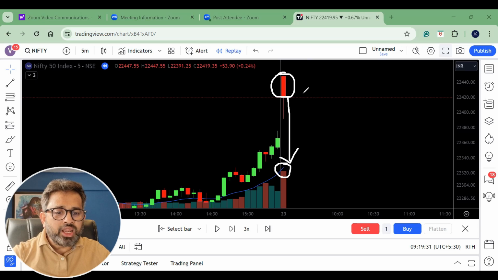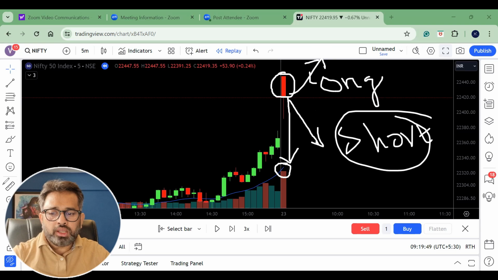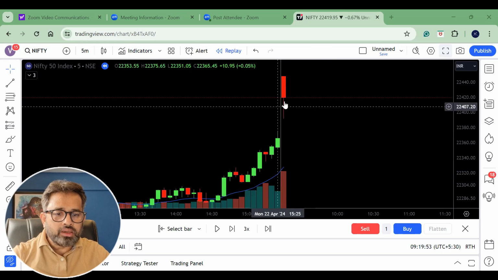So taking a long position or short position, which works better? Will you take a long trade here because it opened a gap up, thinking price will go up? Will you take a long trade, or will you take a short trade for the 20 MA? The best thing is to take a short trade for the target of the 20 MA, right? So let us see what happened after that. The 20 MA is here, price opened here.